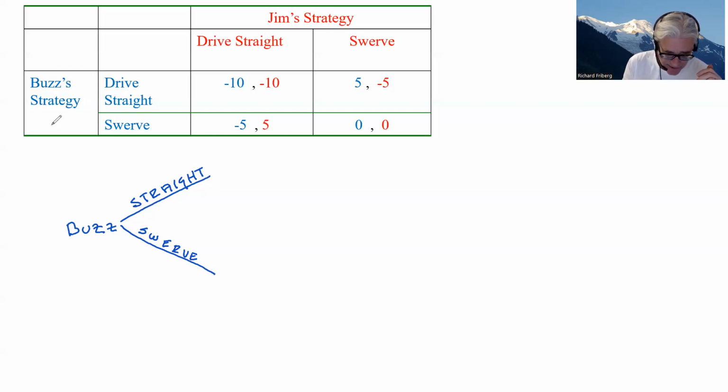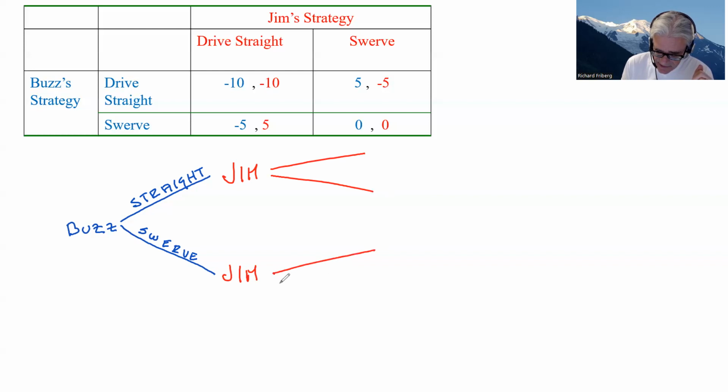Okay, so the first player gets to choose first. Then we come to the second player. So we write the name of the second player at this node, so we have time 0, time 1, and then it's time to depict Jim's different choices.